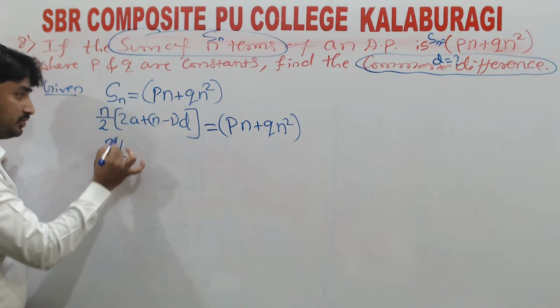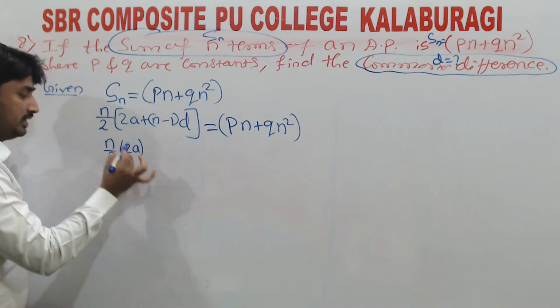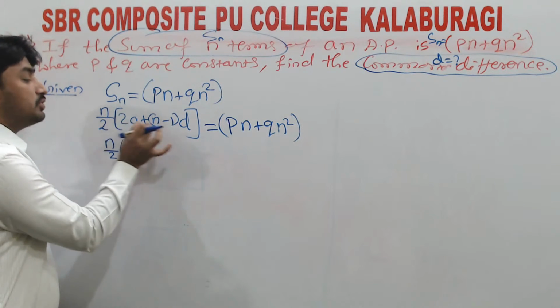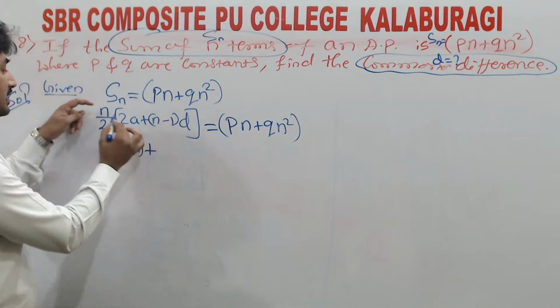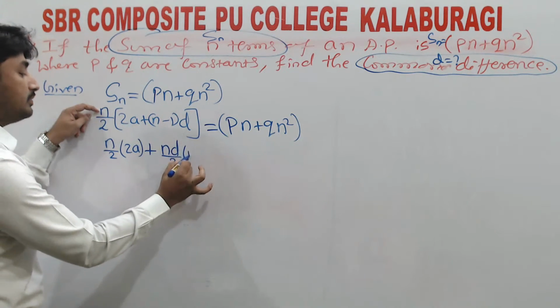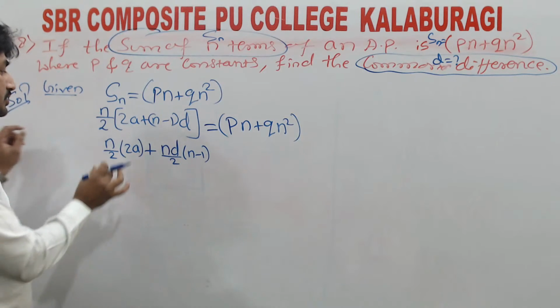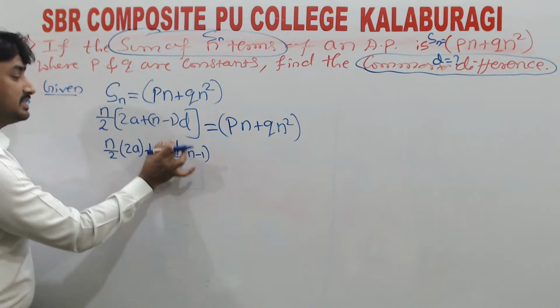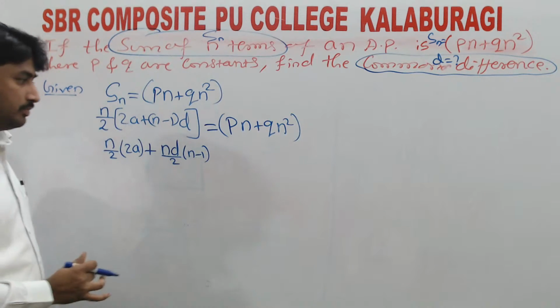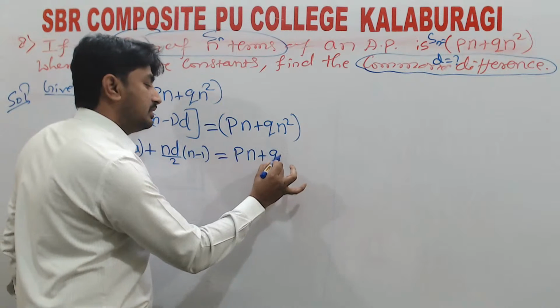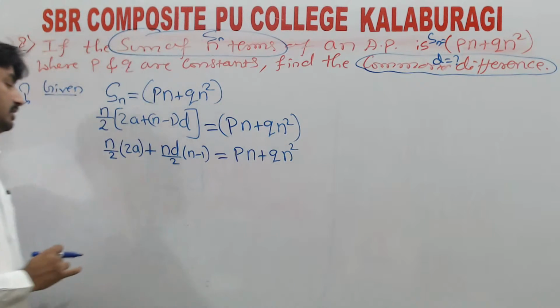It becomes n by 2 into 2a, plus n by 2 into D of n minus 1, is equal to Pn plus Qn square as it is.